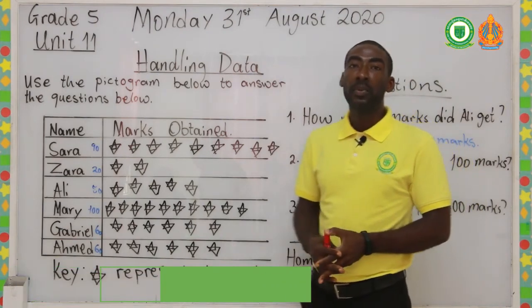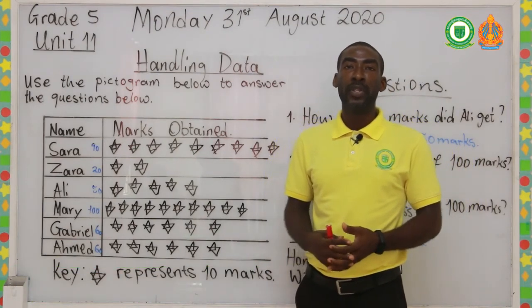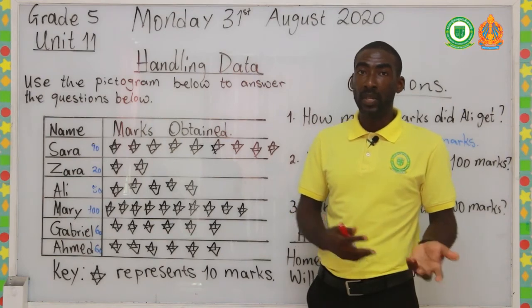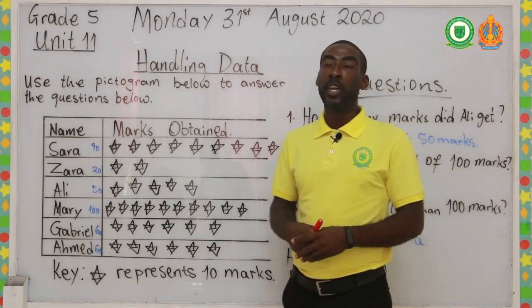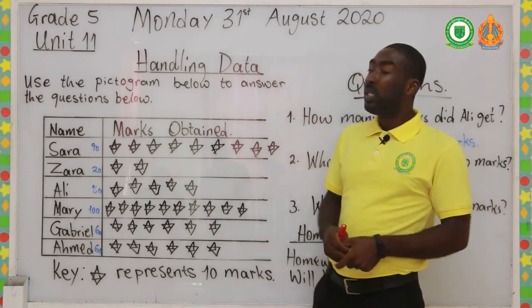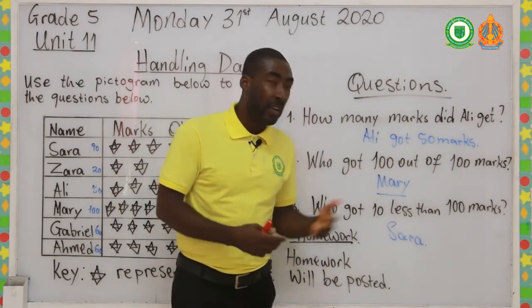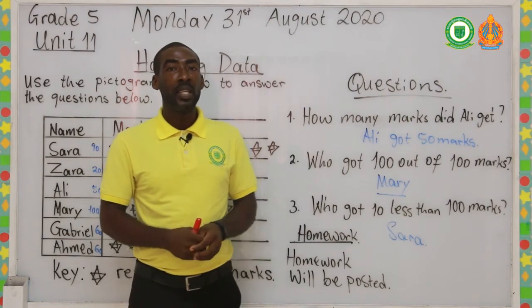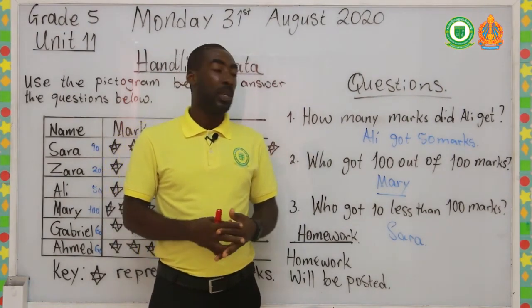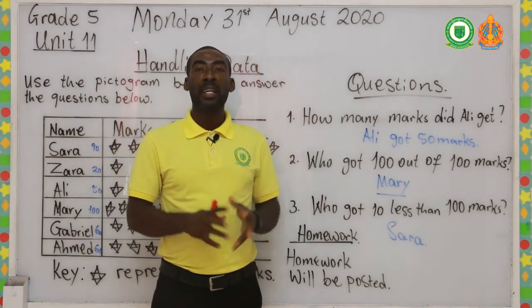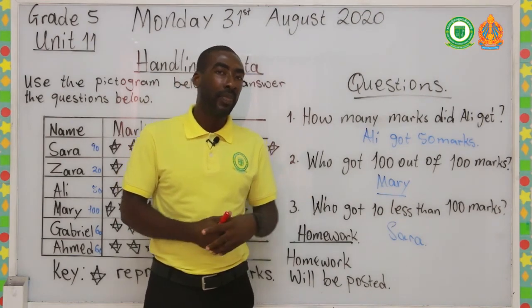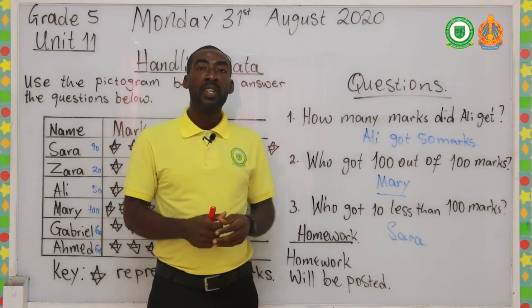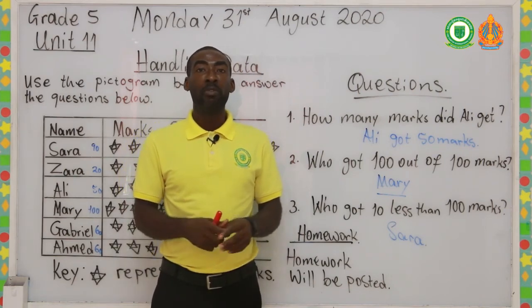Our second video was about how we can use a pictogram to answer questions. I believe that you have enjoyed your class with me and you have really understood how to deal with handling data, and you also know the difference between a frequency and a tally.